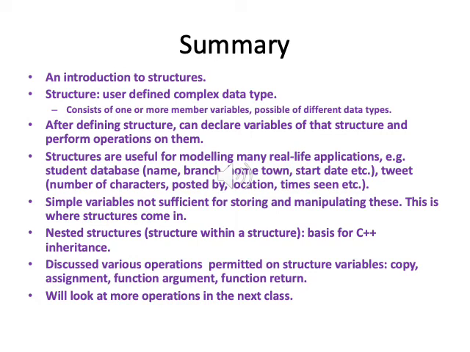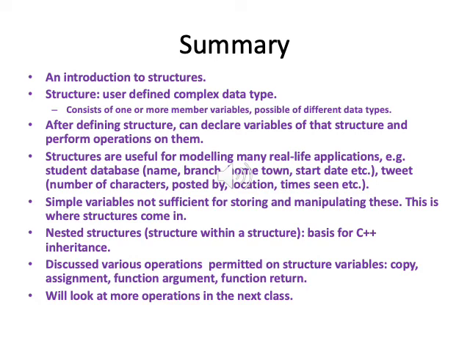It consists of one or more member variables, which could possibly be of various data types. One could be an int, other could be a char, third could be a float, fourth could even be another structure variable. First of all, of course, we need to define structure variables.